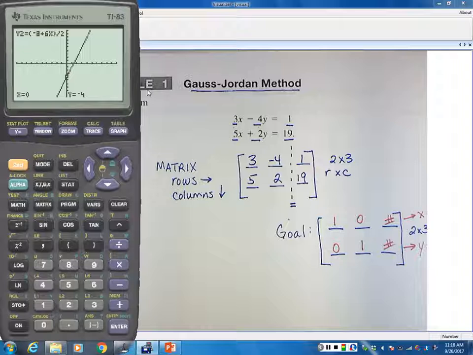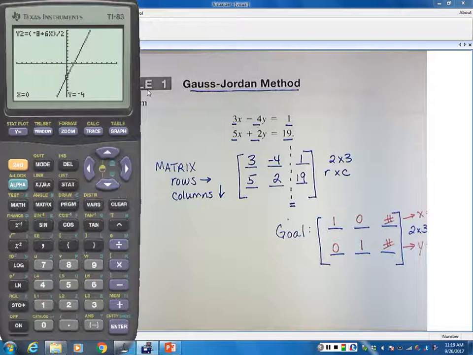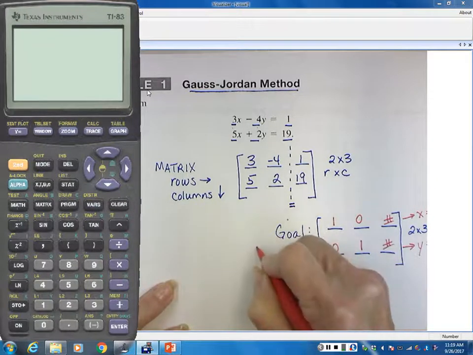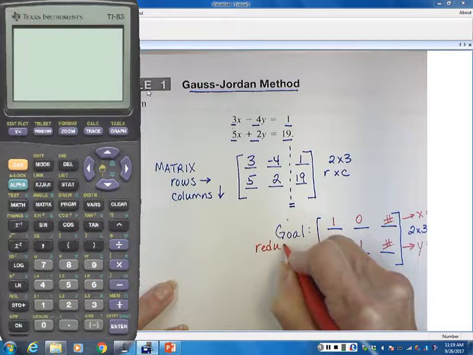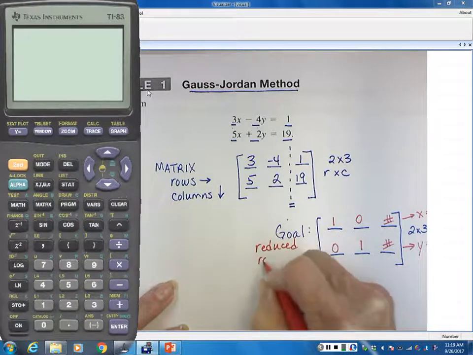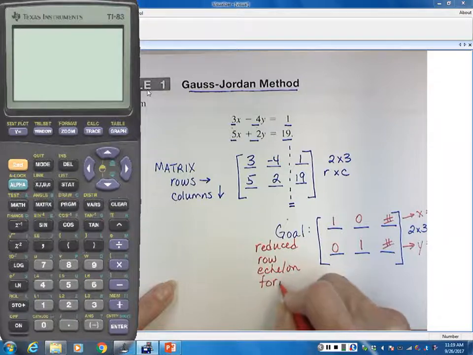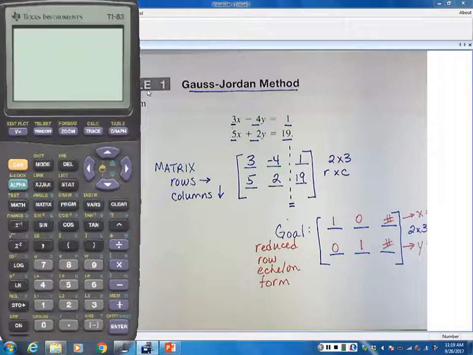I'm going to let the calculator do it for me. When I get this, this is what's called the reduced row echelon form. And this is how we're going to get it.